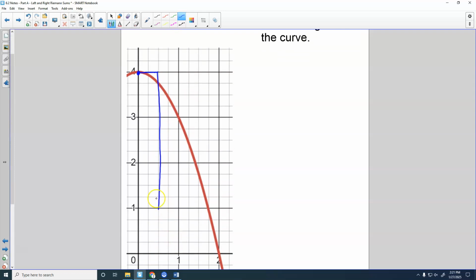So that looks like this. And for this problem, the left-hand corner of your rectangle is touching the graph, right? So this one was a left Riemann sum.